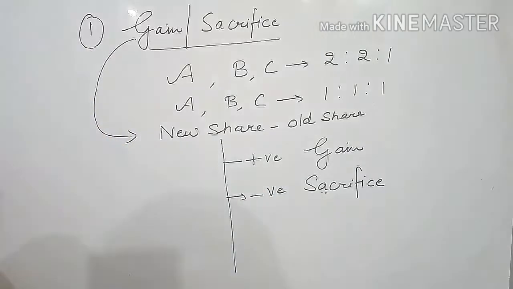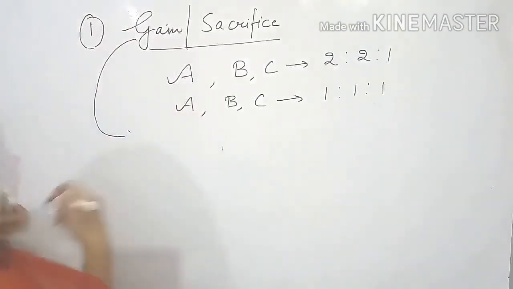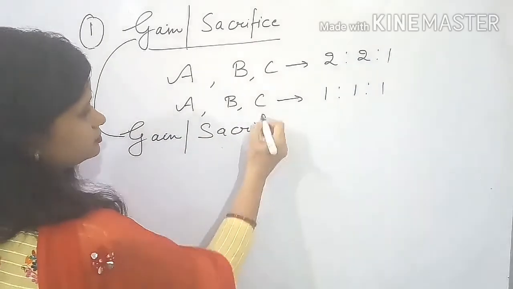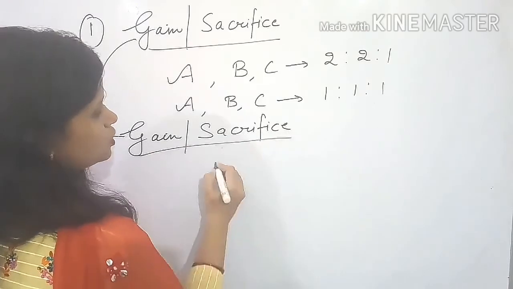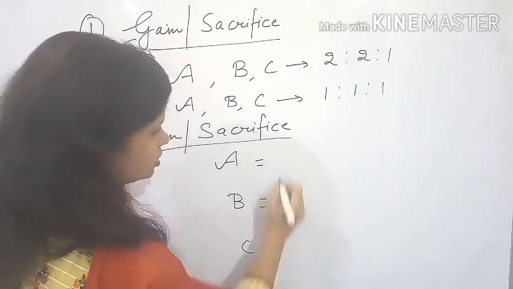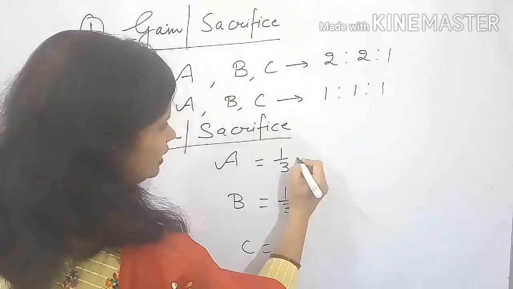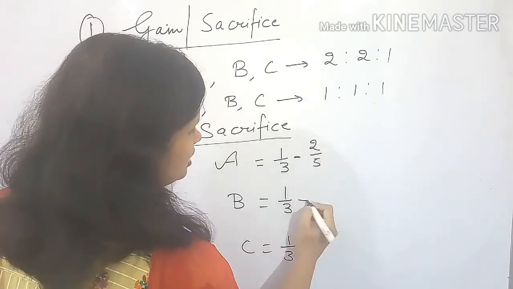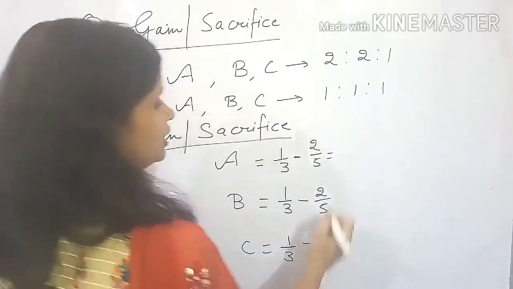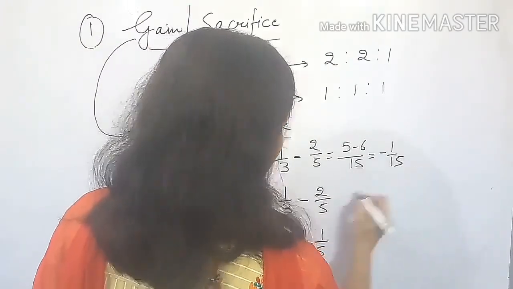Now in the same example you can calculate. First, write down the heading: gain and sacrifice. Write down the names of all three partners. Write down their new share, 1 by 3, 1 by 3, 1 by 3, and the old share, 2 by 5, 2 by 5 and 1 by 5. Then you can calculate: 5 minus 6 by 15, that means minus 1 by 15.